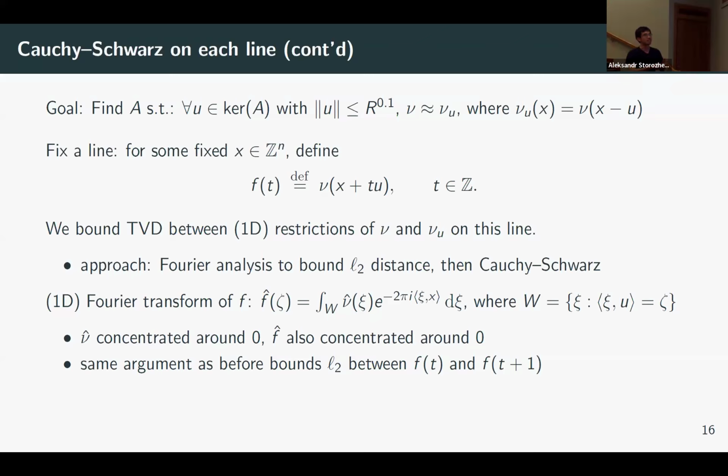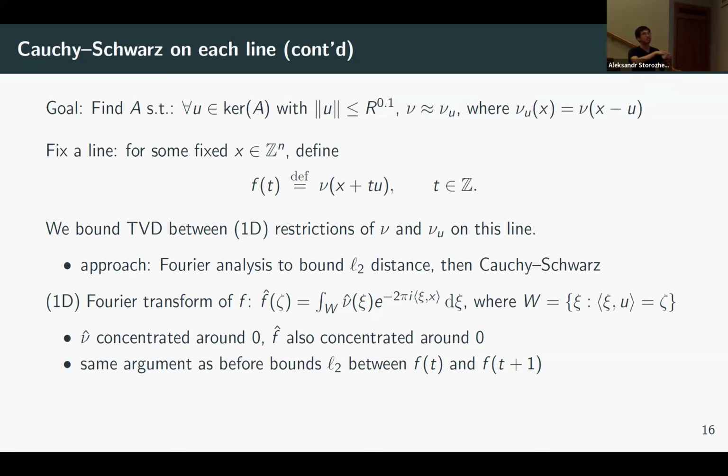So this means we can show that the Fourier transform of f must also be concentrated around 0, because it's an integral over a hyperplane where if xi is 0, then zeta is also 0. This allows us to say that this 1D Fourier transform of f is very concentrated around 0.